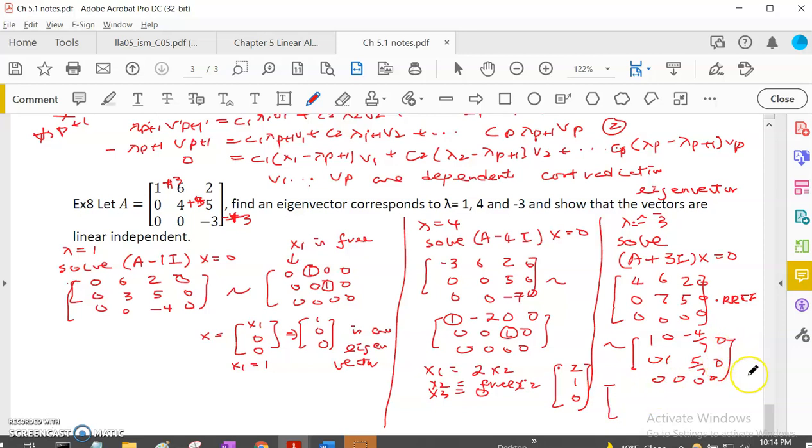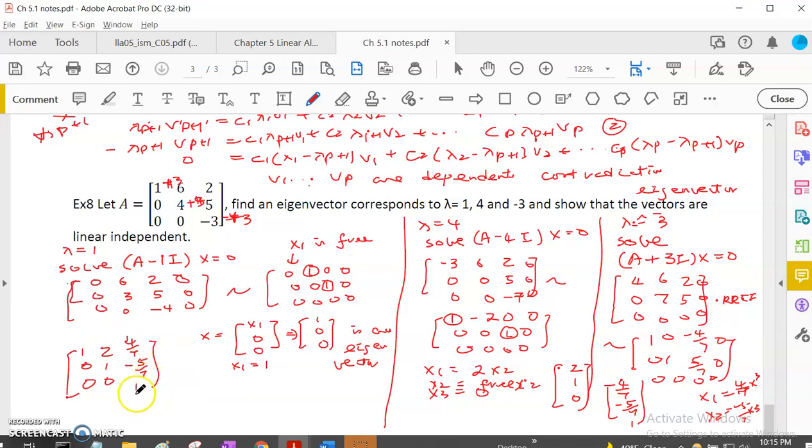So what is one of the vectors? x1 is equal to 4/7 x3, x2 is -5/7 x3. So one vector would be 4/7, -5/7, and 1. So let's look at these three vectors: 1, 0, 0, 2, 1, 0, 4/7, -5/7, 1.